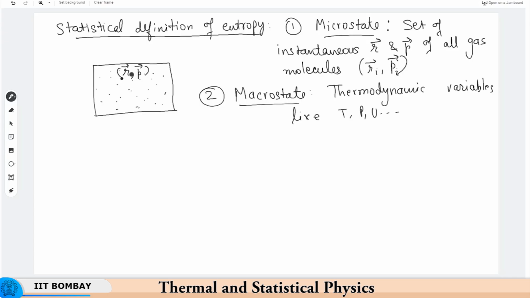You can already imagine that to get the temperature of this room to be exactly equal to 25 degrees Celsius, it does not matter whether molecule number 1 is moving with a certain velocity or molecule number 2 is moving with a certain velocity. I can always exchange their velocity magnitudes between each other, but the temperature of the room will not change. Similarly, I can switch the positions of these two molecules, and the temperature of the room will not change.